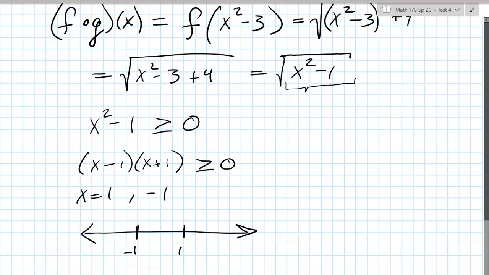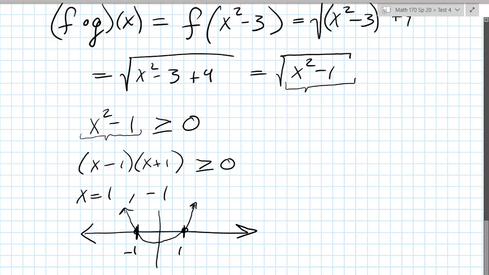Well, we know what x squared minus 1 looks like. X squared minus 1 looks like the parabola, like that, with intercepts negative 1 and positive 1.